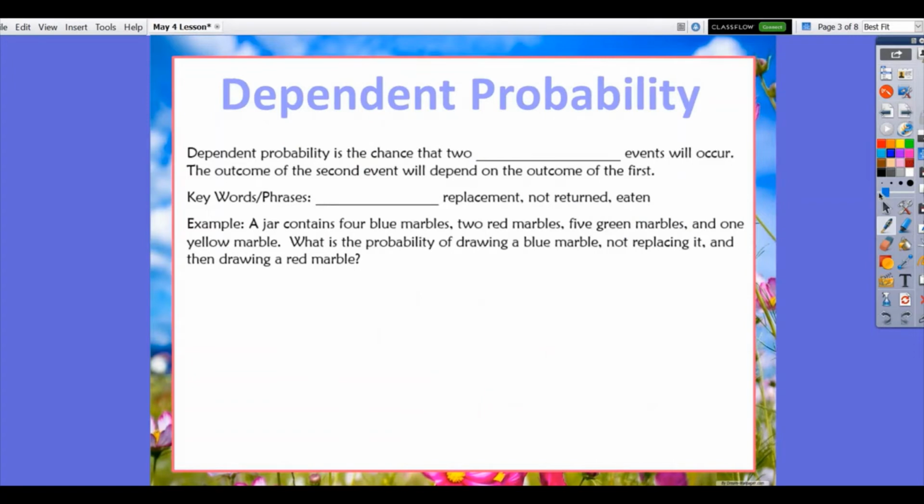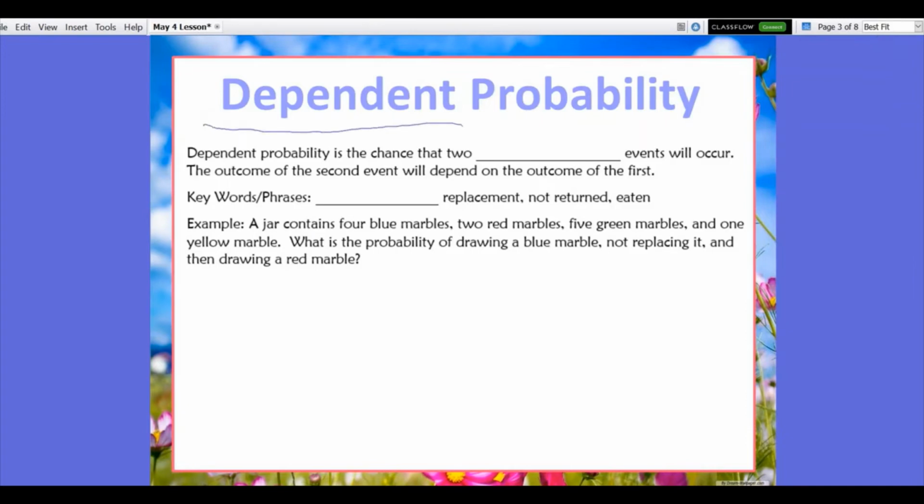All right. So let's look at our next example and see what it says. It says dependent probability is the chance that 2 related events will occur. The outcome of the second event depends on the outcome of the first. So the key words here are without replacement. That means you take something out and you leave it out. You do not return it. Or say, for example, a problem says you ate a candy. That changes everything.